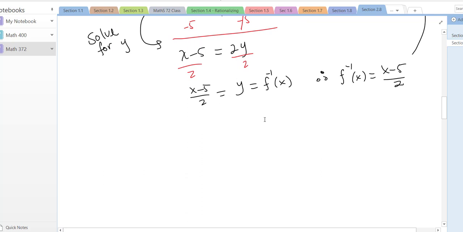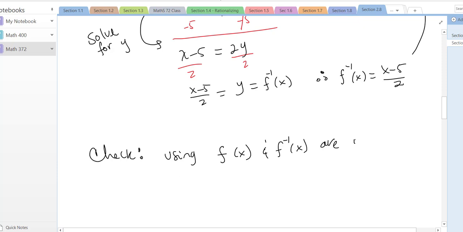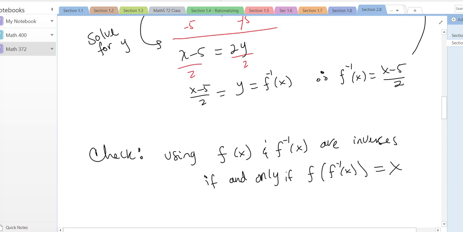Now we can check to make sure that we have the correct inverse by using the property of inverses that says f of x and f inverse of x are inverses if and only if f of f inverse of x is equal to x.